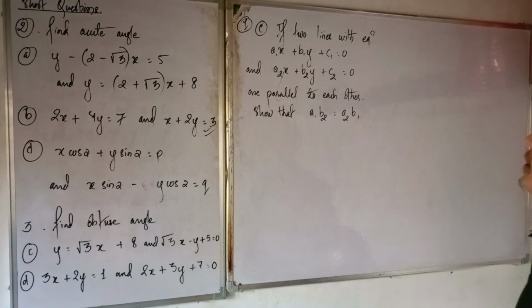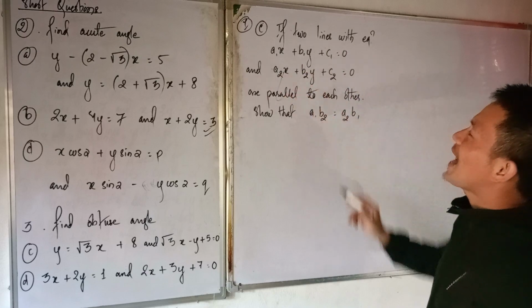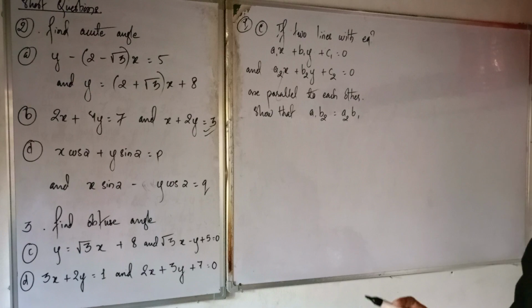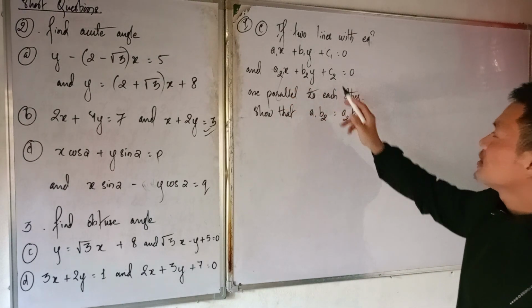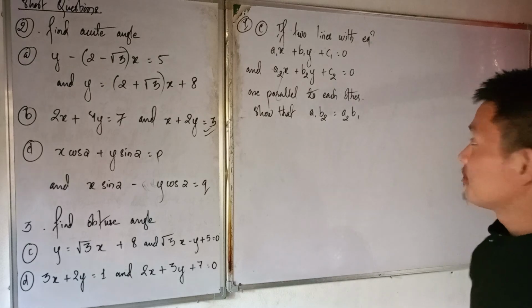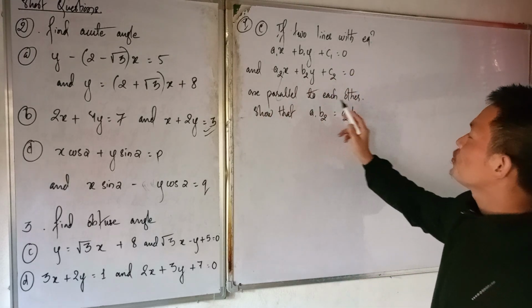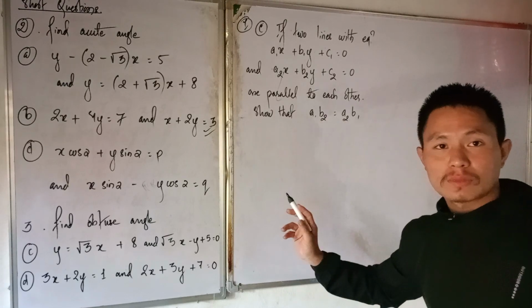So in 1C, two lines with equations a1x plus b1y plus c1 equals 0 and a2x plus b2y plus c2 equals 0 are given, and the condition is that these two lines are parallel to each other. Then we have to show a1 b2 equals a2 b1.